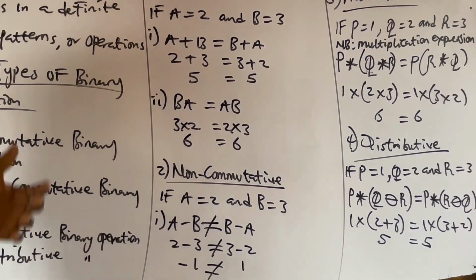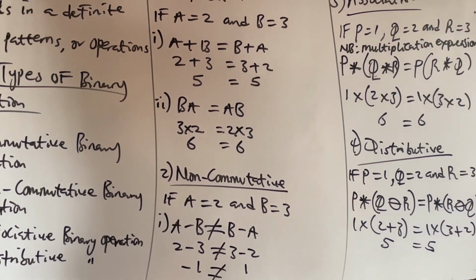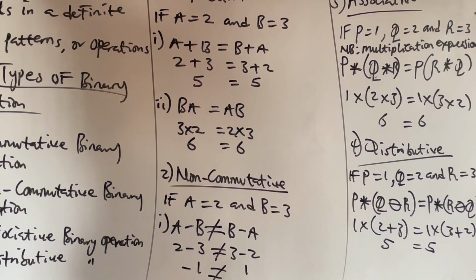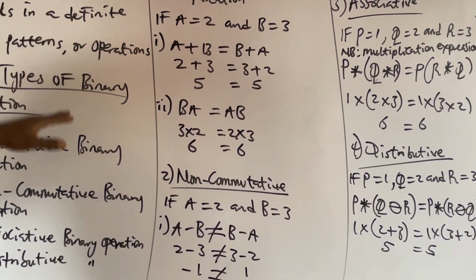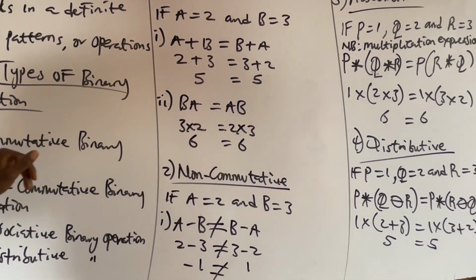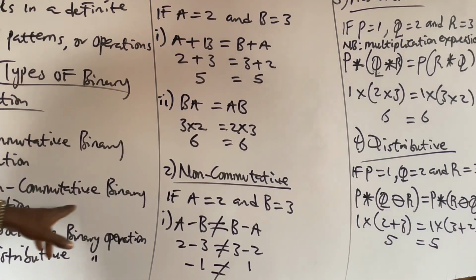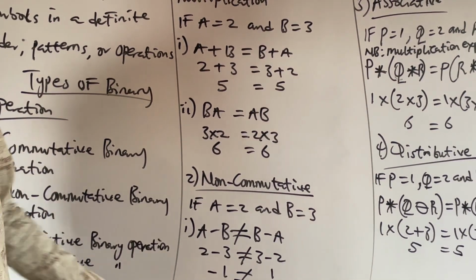Remember what I said at the start of this video: I would give you the meaning of binary operation and the types you've learned already. Commutative binary, non-commutative binary, associative binary, and distributive binary.